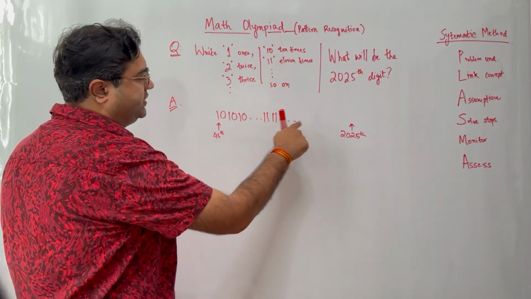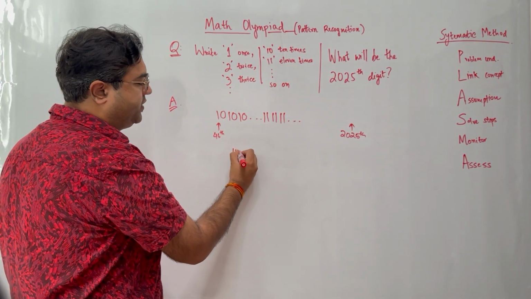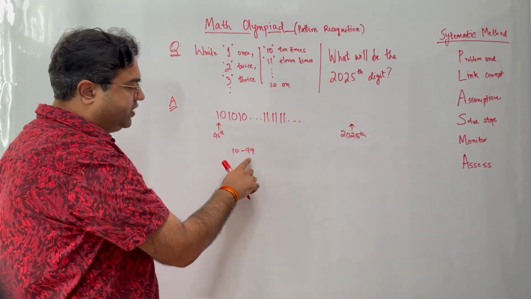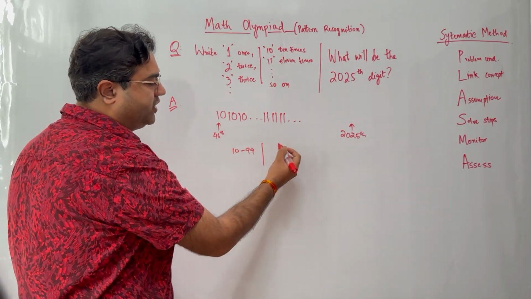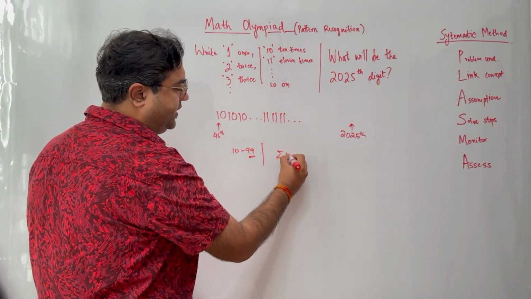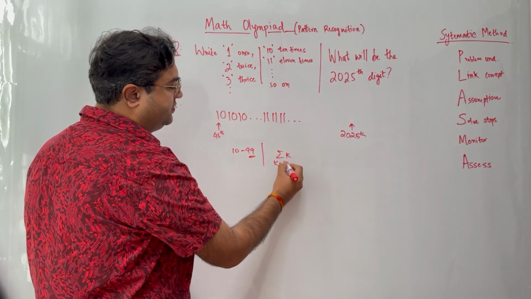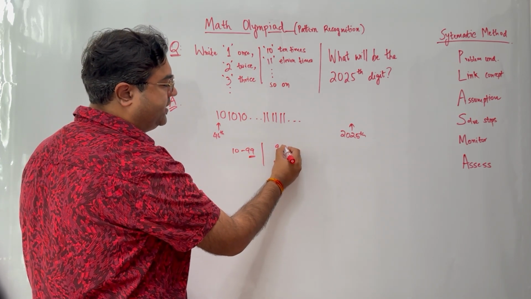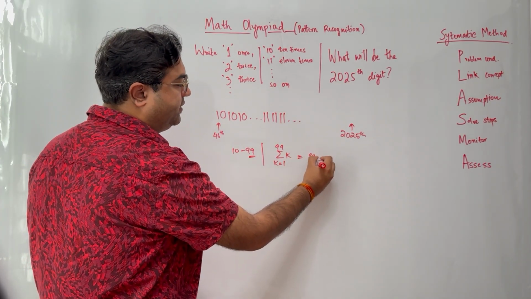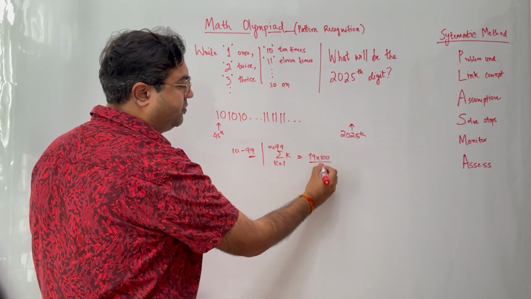Okay. So now let's say the two-digit numbers will be from 10 to 99. If we think about this, generally if we do an arithmetic sum based on 99, so sigma k, when k goes from, let's say first, 1 to 99 as a brief example, it will be 99 into 100 into n plus 1 by 2.